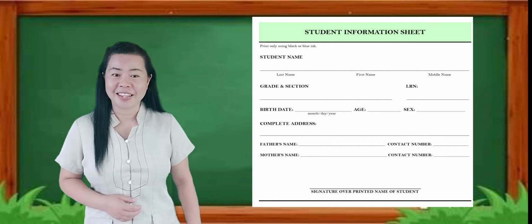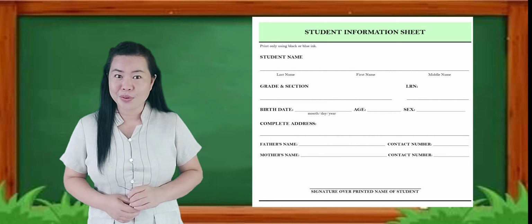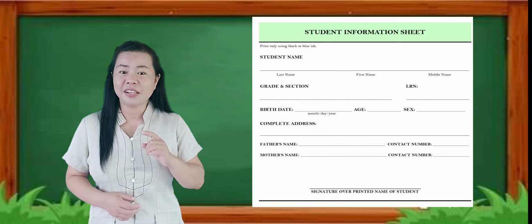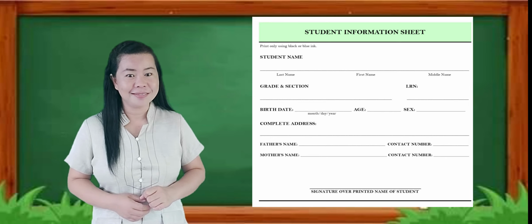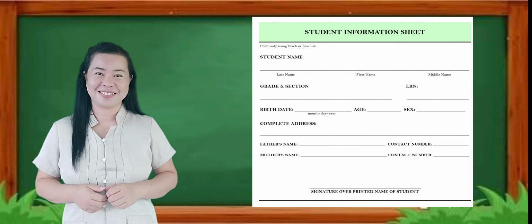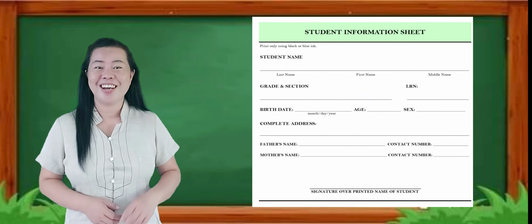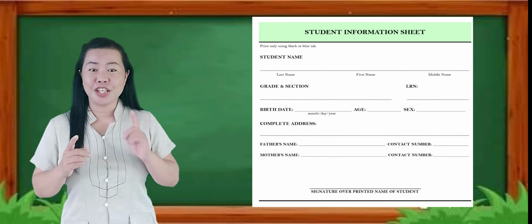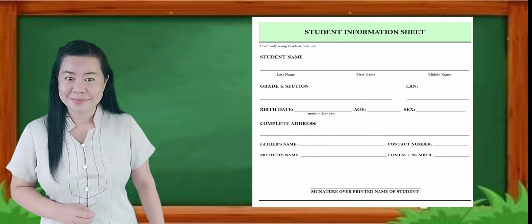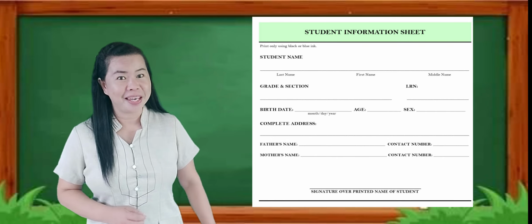For your birth date, did you follow the direction? Month, day, year? Awesome! I'm sure you wrote your age correctly. For your sex, did you write the word male if you're a boy and female if you're a girl?